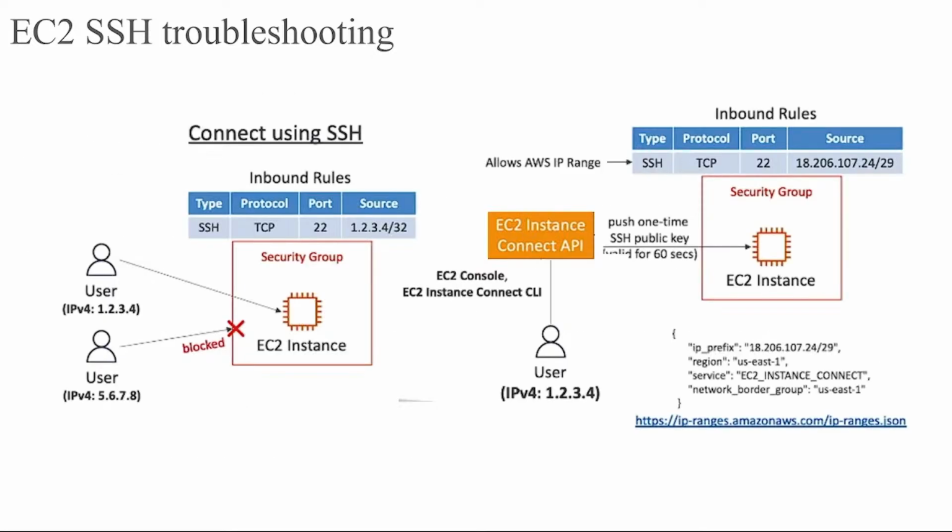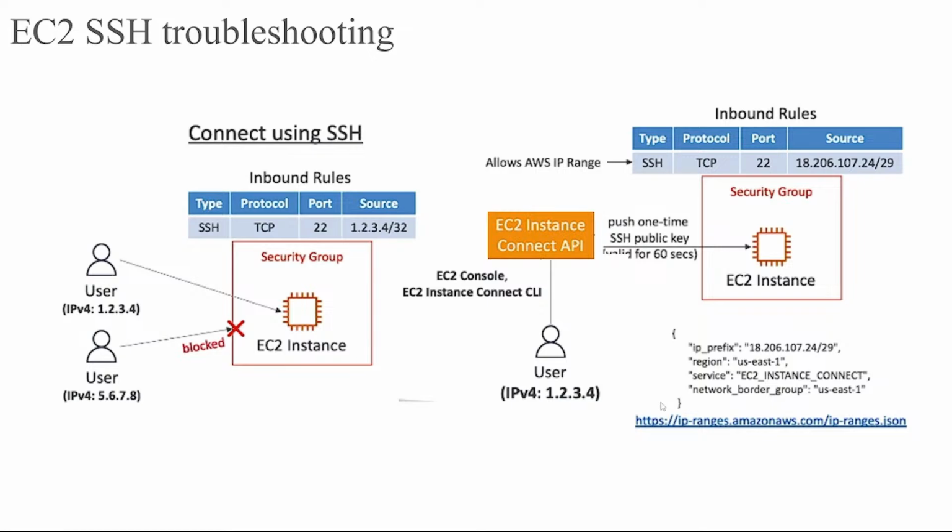Next, for EC2 SSH troubleshooting, suppose you are connecting with a permanent key. If you are not a user with the correct IP address, then the security group would not allow you to connect to the EC2 instance. Next, whenever you connect to an EC2 instance with the API, in every region you get an IP prefix.